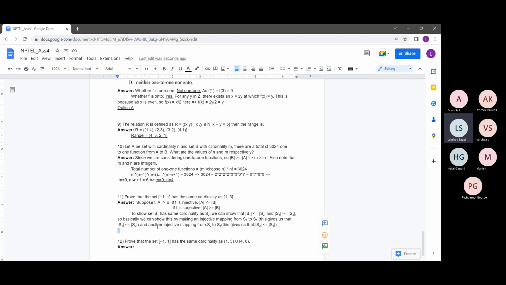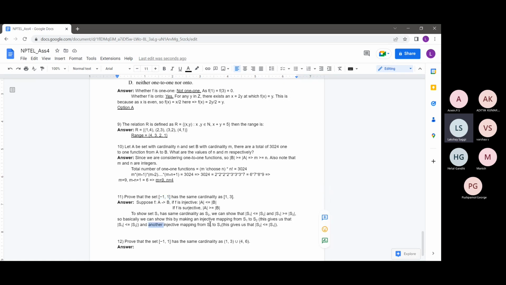We can show a mapping from S1 to S2, from the set -1 to 1 to the set 1 to 3, and another mapping from 1 to 3 to -1 to 1. If I show one injective mapping from S1 to S2, then S1 is less than or equal to S2.